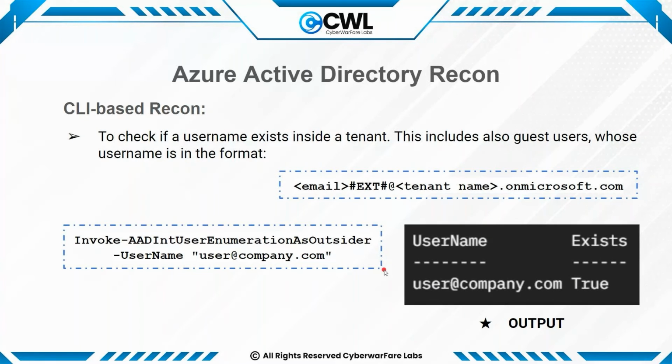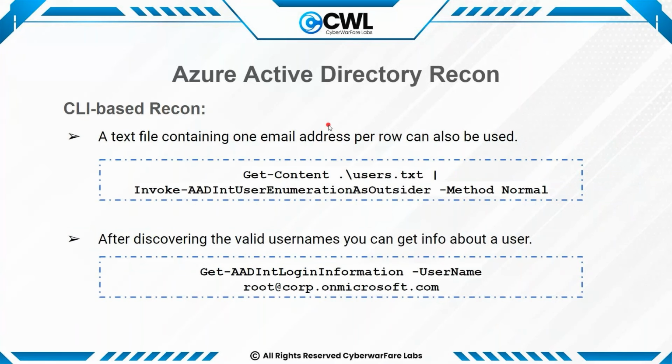Let's move on further. This first PowerShell command is used to perform user enumeration against Azure Active Directory for a list of users specified in a file. This command is useful for some penetration testing or some of the attacking side techniques as well. This particular Get-Content command is used to read the content from the file.